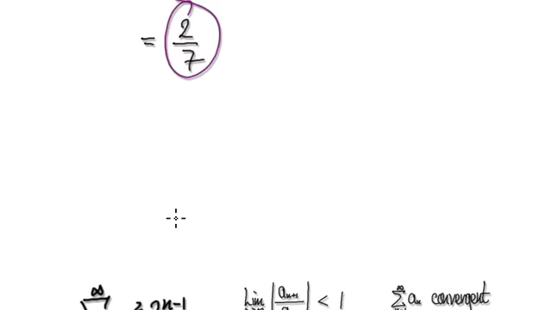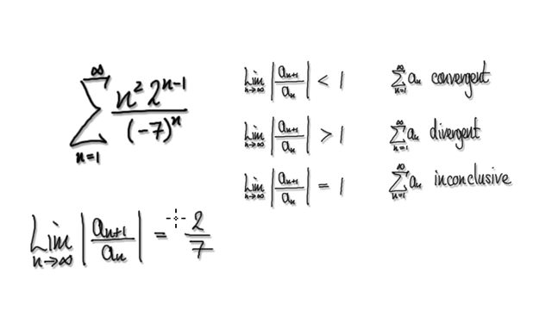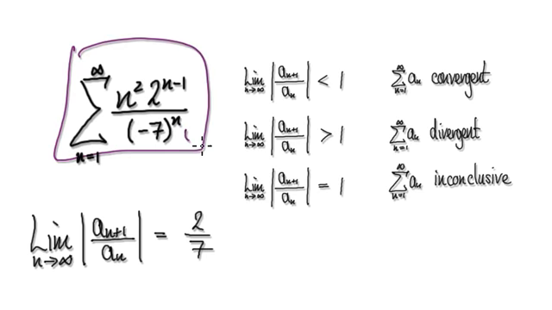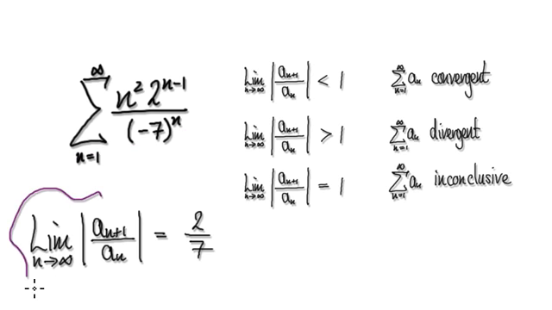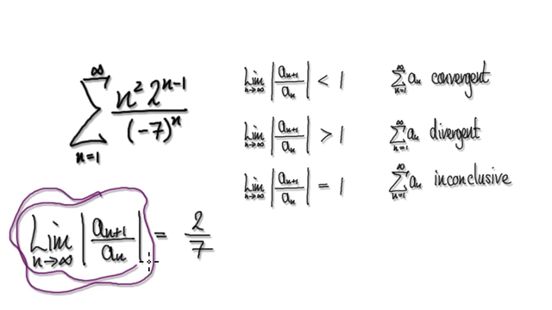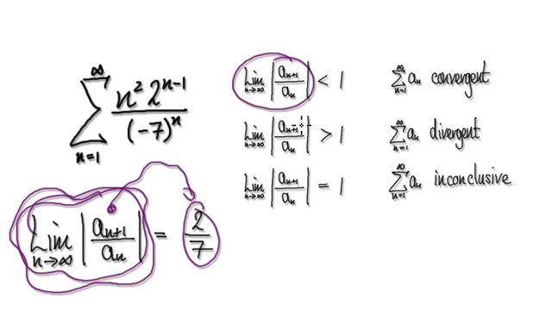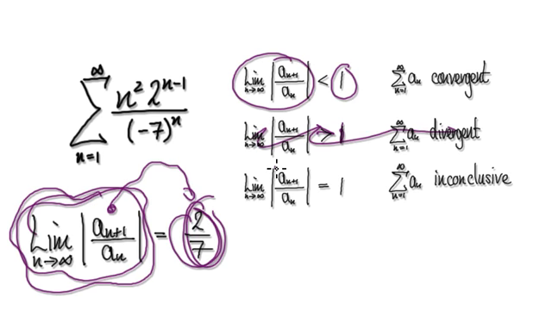Going back to the start, we were trying to determine if this series will converge or if it will diverge. We used the ratio test. When it comes to the ratio test, we always need to know this value here, and we just worked out this value is 2 over 7. Our value, 2 over 7, is less than 1. 2 over 7 is not bigger than 1, so this is out.